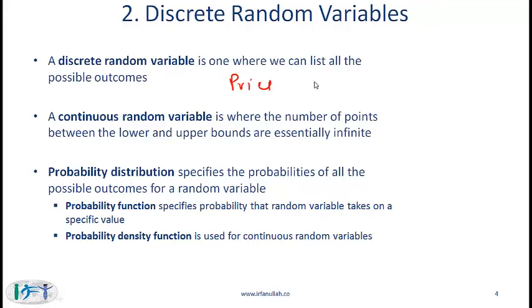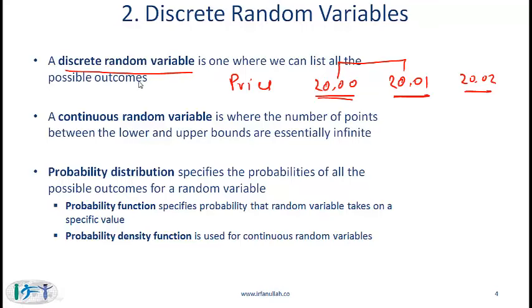The stock price at the end of the day might be $20, or it might be 20.01, 20.02, and so on. These are discrete values. Even though there is not a big difference between values, there is still a discrete difference, and the values are also discrete. So stock price is a classic example of a discrete random variable.